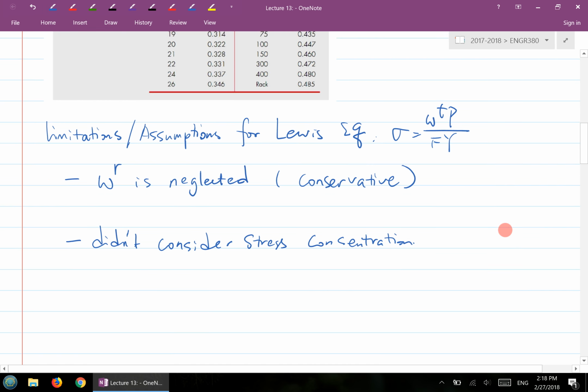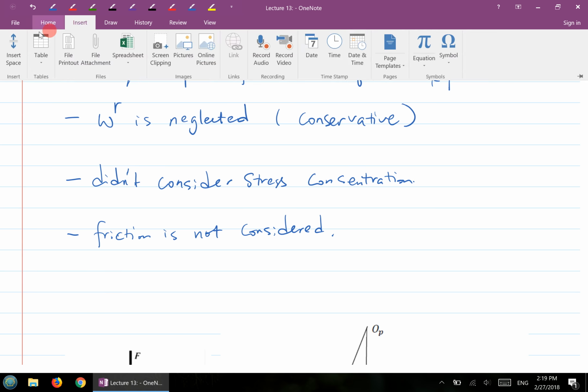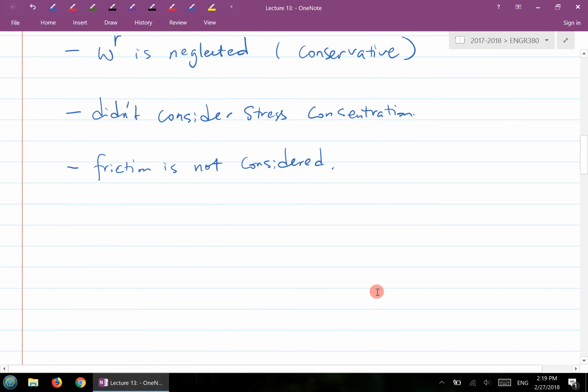That's one limitation. And the other thing is the Lewis equation didn't consider friction. So there are a few other limitations here, but the point is the Lewis equation is not the perfect equation. It's a bare bone equation.